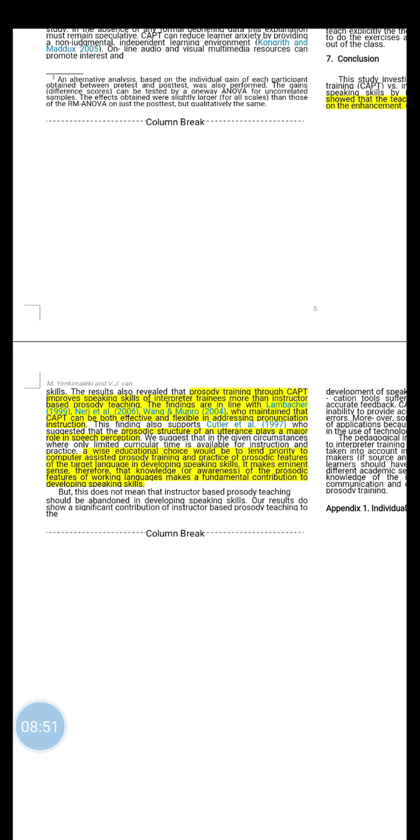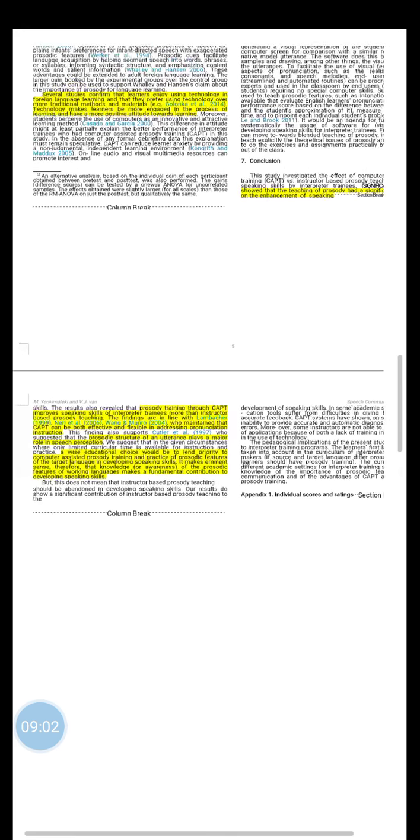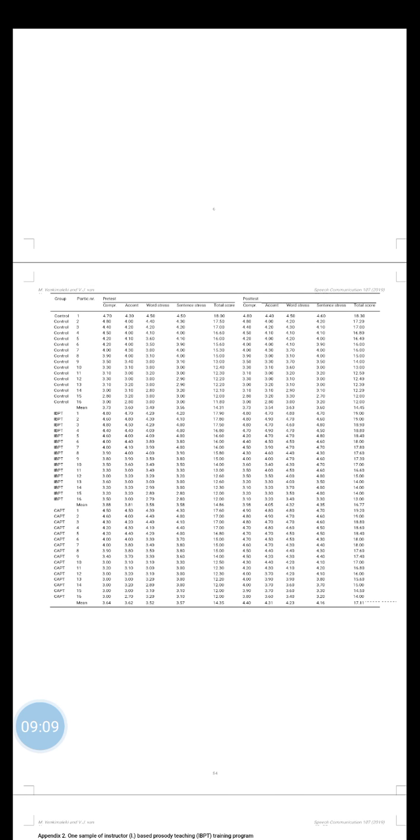This contributes to better results in their speech perception, their knowledge, their speaking skill, their awareness. And this concludes that doing CAPT contributes to better results in speaking.